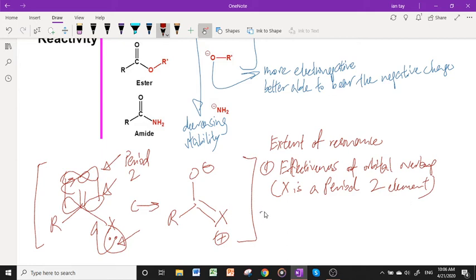And secondly, the second factor is the electronegativity of X. So you agree that if X is more electronegative, it prefers to hold the lone pair towards itself, right? And the lone pair is more difficult to delocalize. Another way to think of it is that if X is more electronegative, it does not bear a positive charge as well. Okay, so this resonance structure will not be that significant. So it's more stable when X is more electropositive.